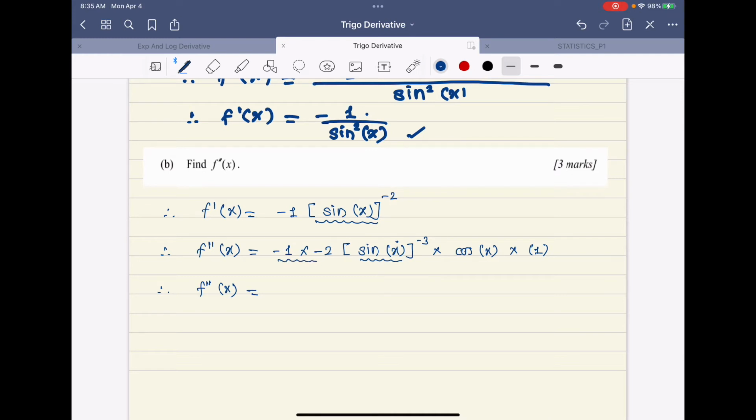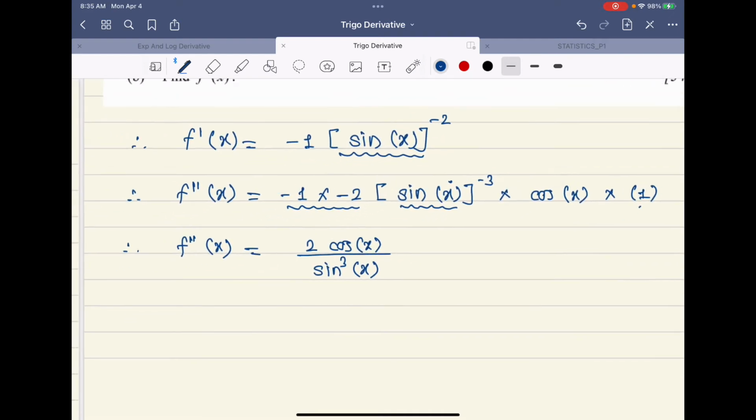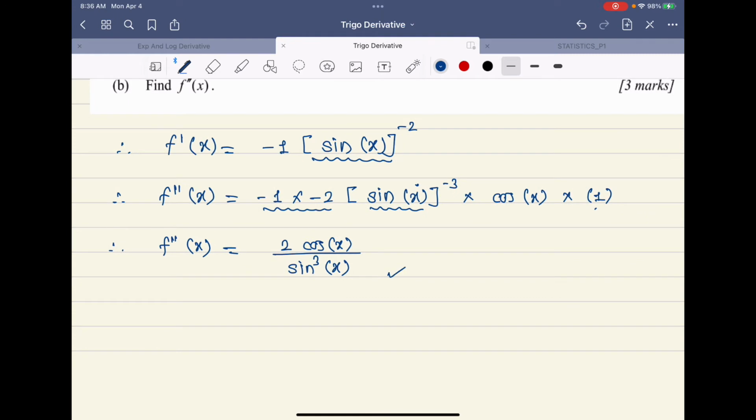Negative 1 times negative 2 is 2, times 1 is 2, into cos x, divided by sin x raised to minus 3, which is basically sine cube x. It is not a cube of the angle, it is a cube of the function. Second part is done.